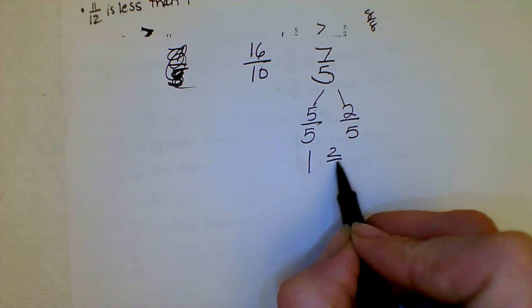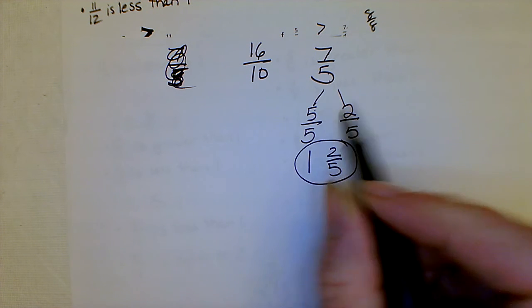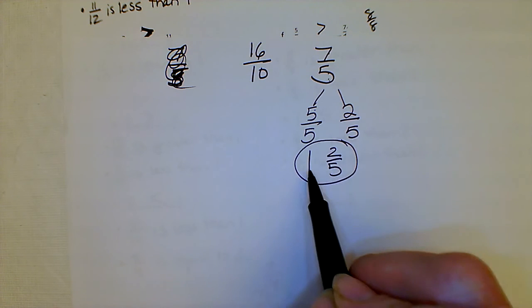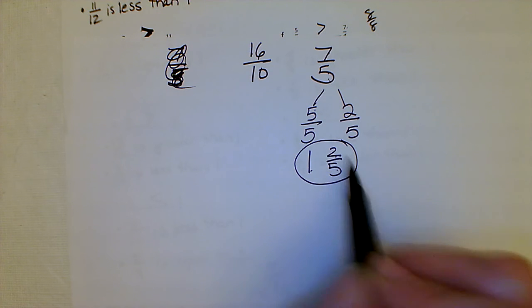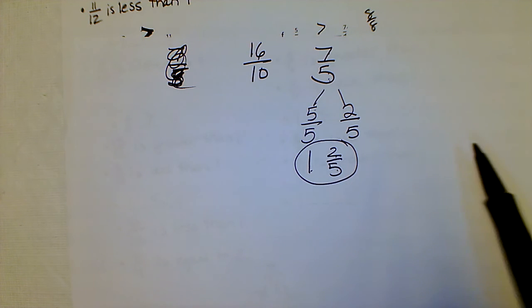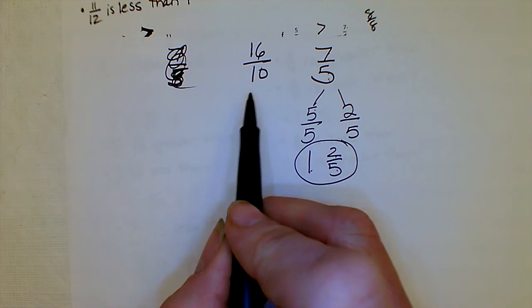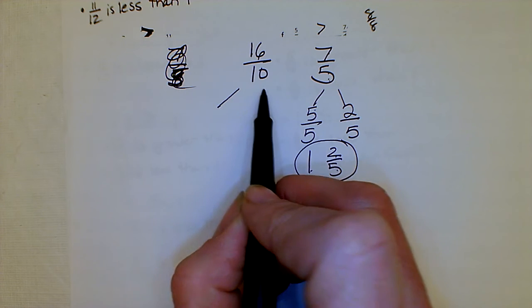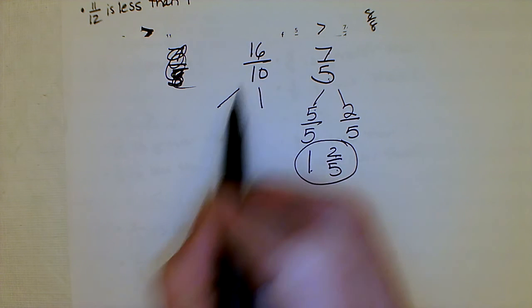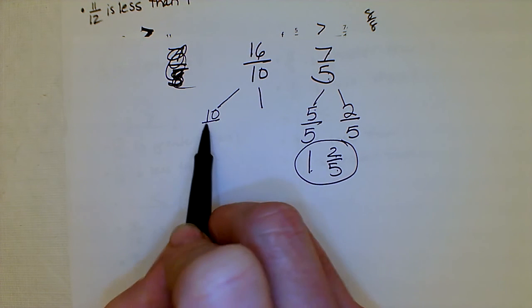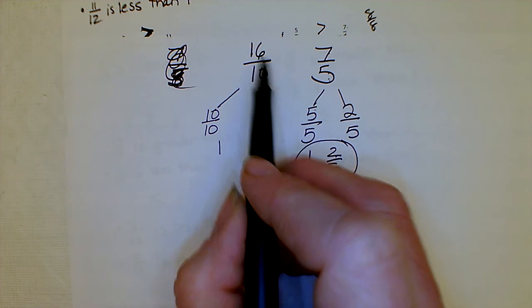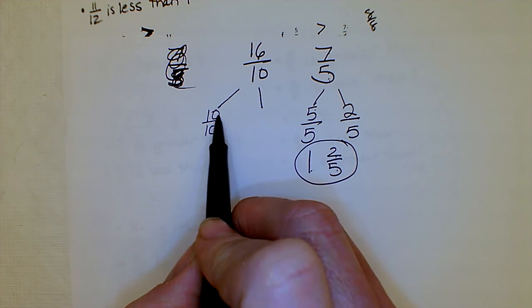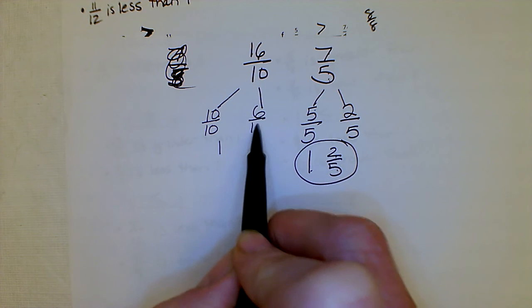And this stays 2/5. So what I really also could say is that 7/5 is also known as 1 and 2/5. And you know how I love those fifths for fractions. I'm very excited we get to do fifths. Alright, so now we have tenths. Let me pull out 10/10, which is 1 whole. And then 16 minus 10 leaves me 6/10.